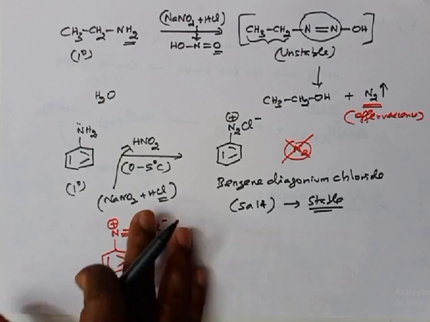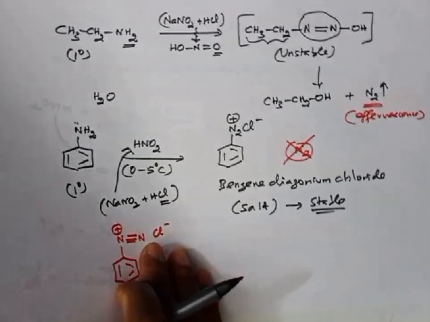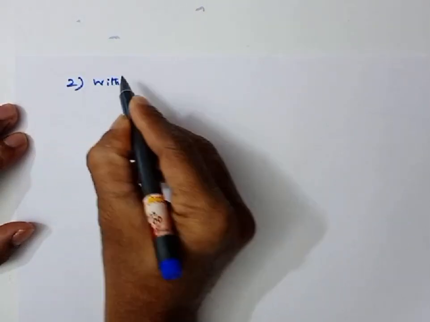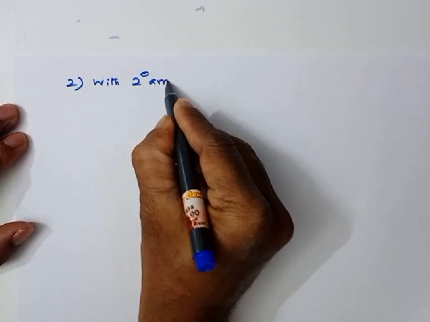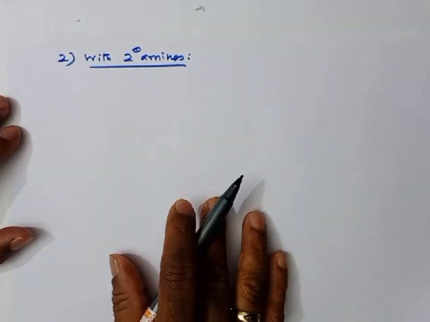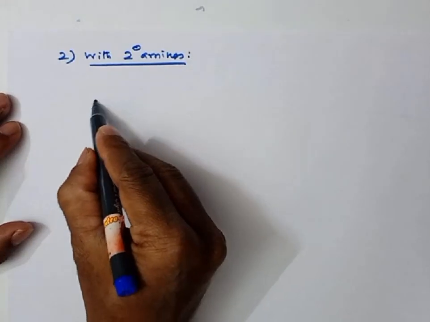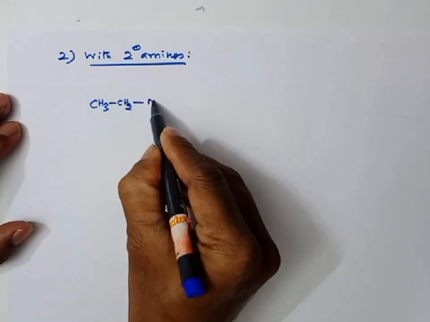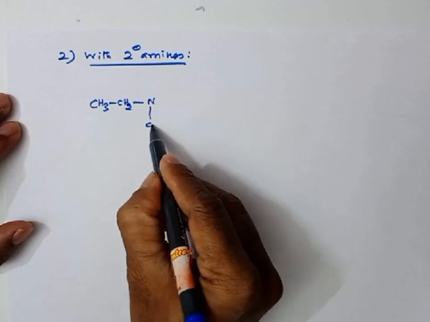Now what happens with the secondary amine? What will happen if the reaction takes place with 2-degree amines? Let me take a 2-degree amine, CH3CH2 NH CH3, some 2-degree amine.